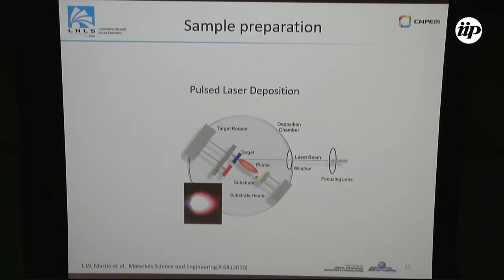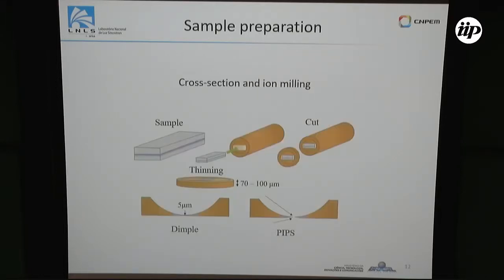To perform the transmission electron microscopy measurement, we used the most conventional method of preparation, with mechanical dimple and ion milling. This part of the work was performed at the Brazilian Nanotechnology Lab, which is on the same campus as the Brazilian Synchrotron Lab.